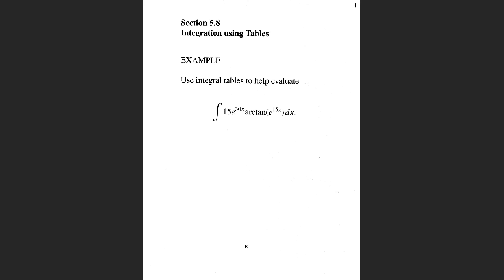So this example, let's see if we can find a formula in the tables that's going to work here. There's an arctangent in there, so that's a big clue. You've got to find a formula that has an arctangent. And incidentally, arctangent can also be written this way.